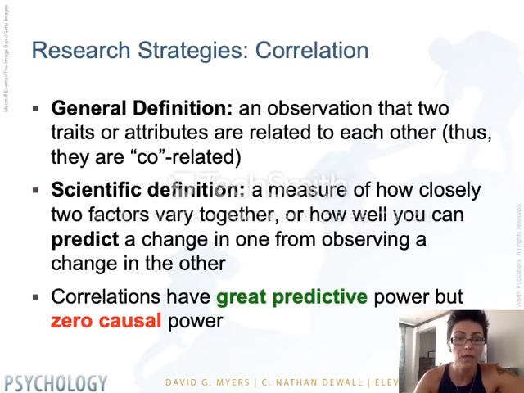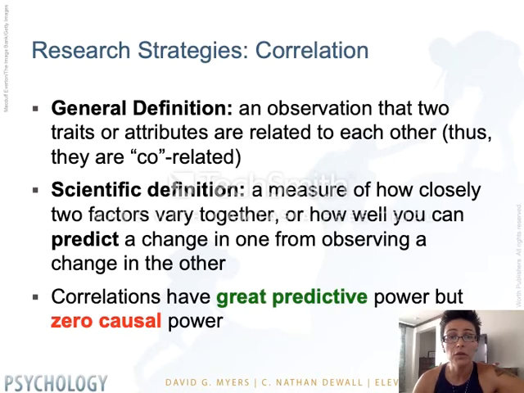Great predictive power. What the correlation doesn't have, though, is causal power. We just know that the two traits or the two events are related to one another, but we cannot say which one caused the other or whether there was something else that caused both of them.